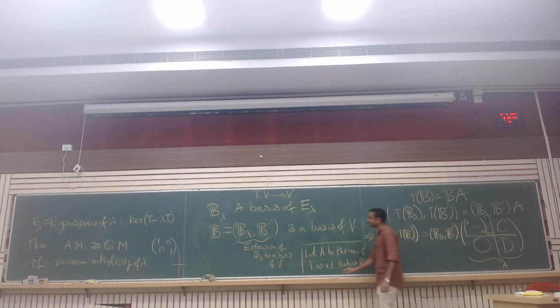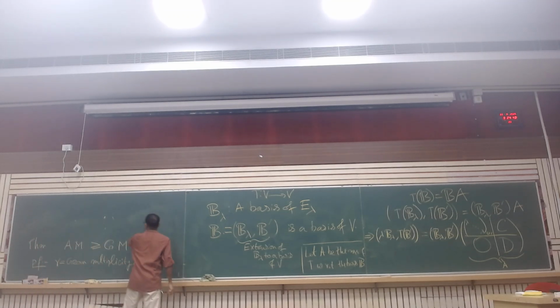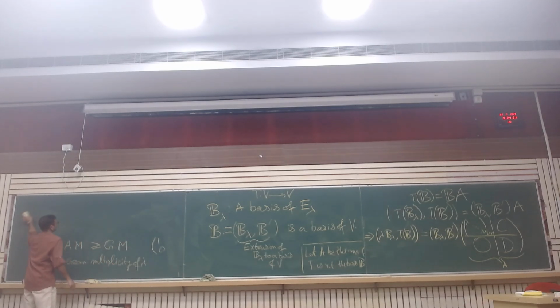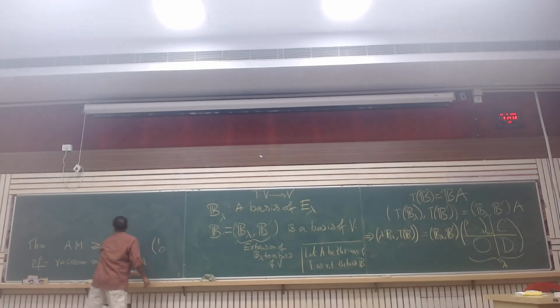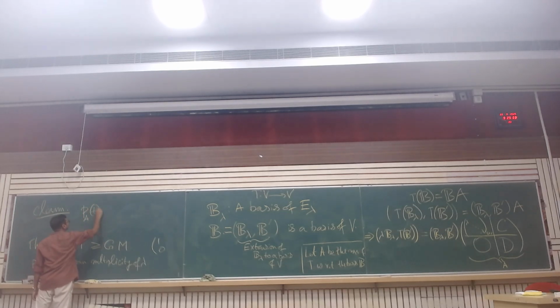Now we claim that the characteristic polynomial of A, that is the characteristic polynomial of T, because the characteristic polynomial of T is defined to be the characteristic polynomial of the representing matrix with respect to any basis. Okay. Yes.